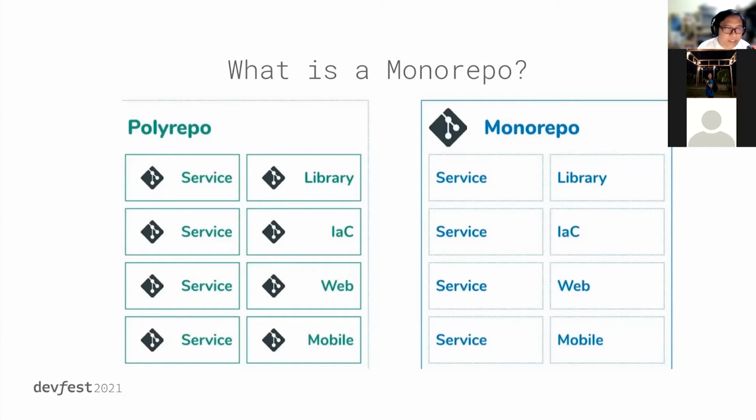The other side, its counterpart, the opposing side of this, would be polyrepo. The idea is to use multiple repositories for different code bases. For example, web, you have a separate repository for that. Backend API, for example you're using Python, so you have a different code base for that.